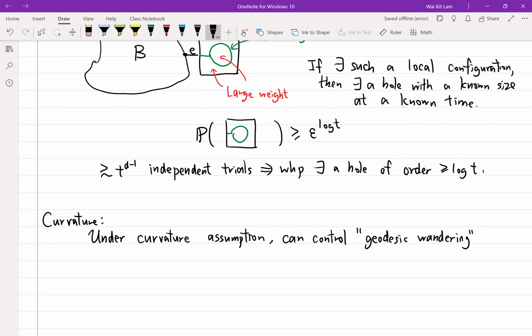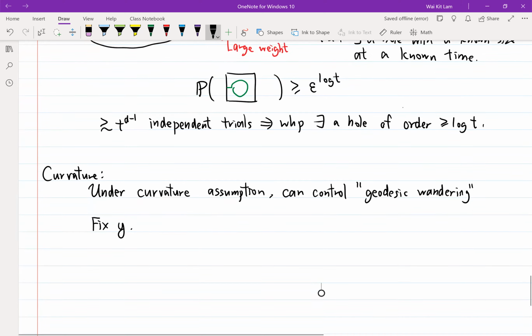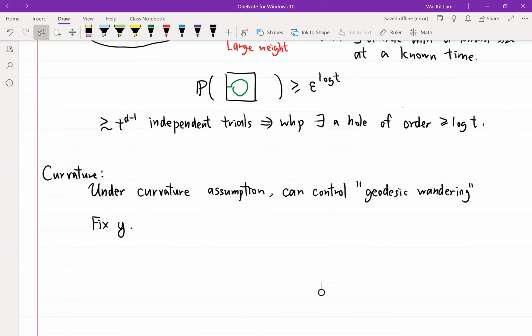So what does this mean? Basically, the idea is, we first fix a y, which is a point. And then you assume this y belongs to some geodesic from the origin to some other point, say x.